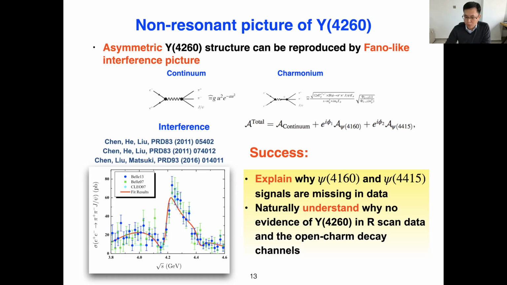It means that we can explain why two charmonium-like states like psi(4160) and psi(4415) are missing in the data. We can also naturally understand why there is no evidence of the Y(4260) in the R-value scan and the open-charm decay channels. So I think the difficulty can be solved by introducing the non-resonance picture of the Y(4260). It means that the Y(4260) is not a resonance in our models.